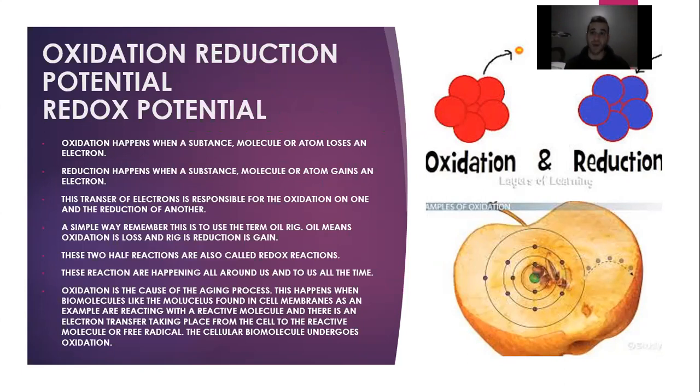The metal or the steel is losing electrons to the atmosphere or to water, if it's rainwater, and those electrons are being transferred, and as a result, you end up with rust. That's the byproduct of oxidation.